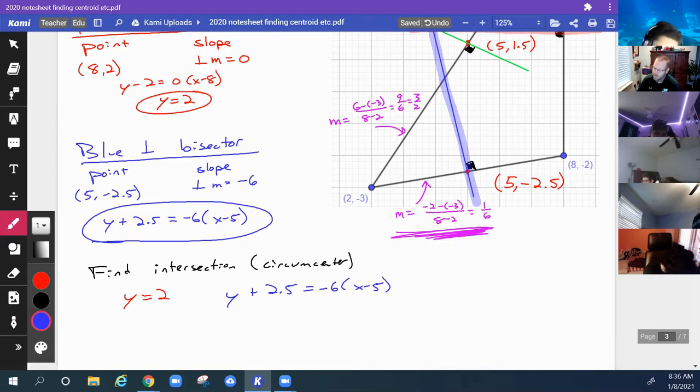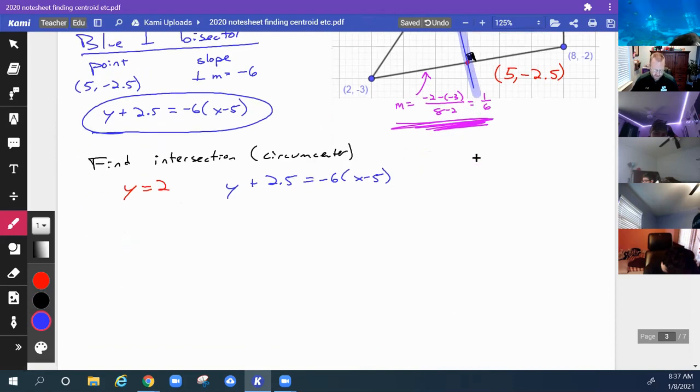So what I want you guys to do is tell me what x is. So break out a pencil, write down, and see if you can figure out what x is, because I already know what y is, okay?